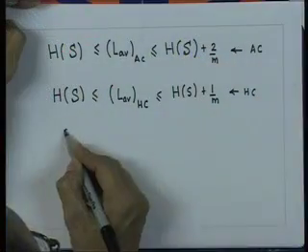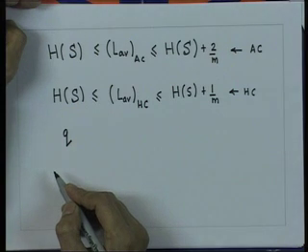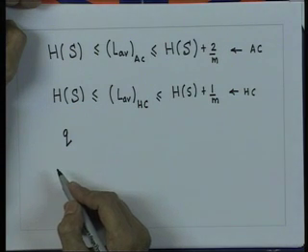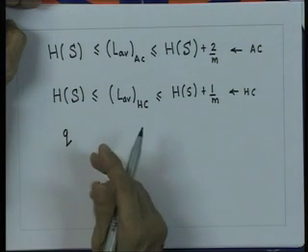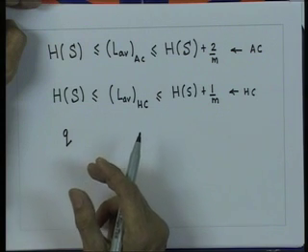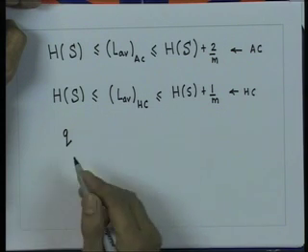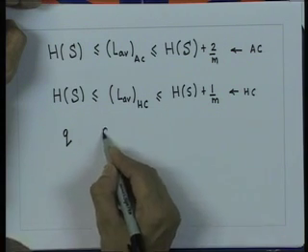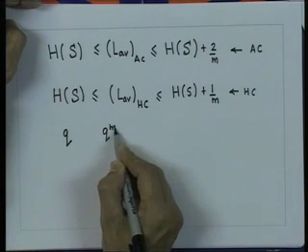So, if the original alphabet size was q and we are coding sequences of length m, then the size of the code book would be q raised to m.